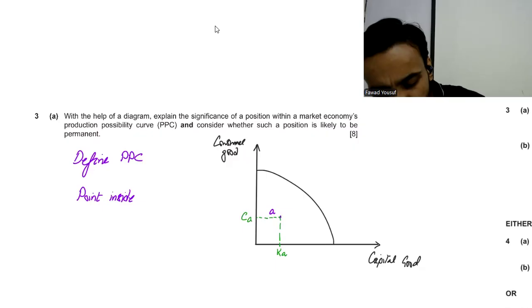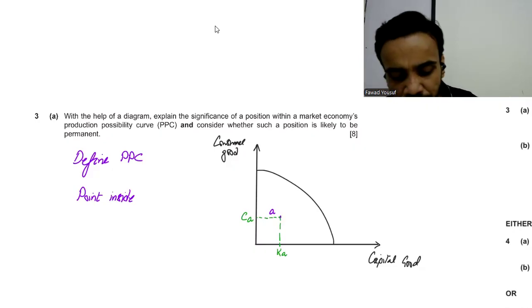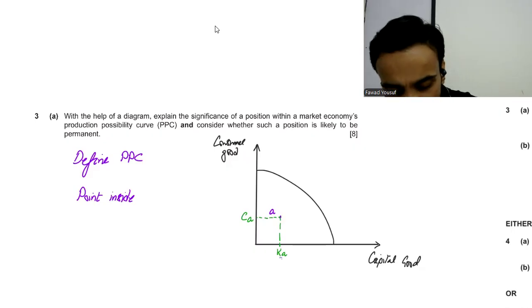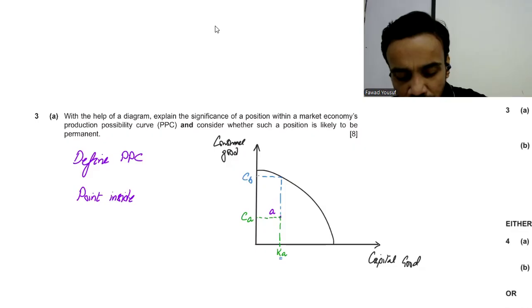That's what this point A represents। What I usually tell them is कि इसकी एक mathematical explanation using graph could be that if the economy is producing KA, then the PPC shows that the economy can actually produce CB. Okay?